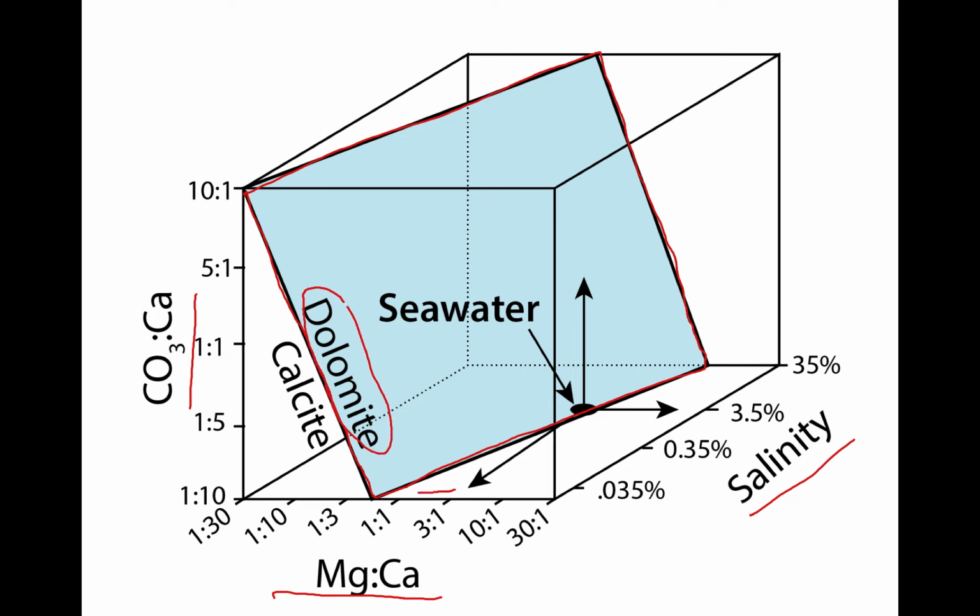So if we increase magnesium to calcium, if we increase carbonate to calcium, or if we decrease salinity, we can favor dolomite instead of calcite. Modern day seawater is right there. That is on the calcite side of this plane, but again, if we either increase the carbonate to calcium ratio, increase the magnesium to calcium ratio, or decrease salinity, we can induce dolomite to be the primary phase to form.